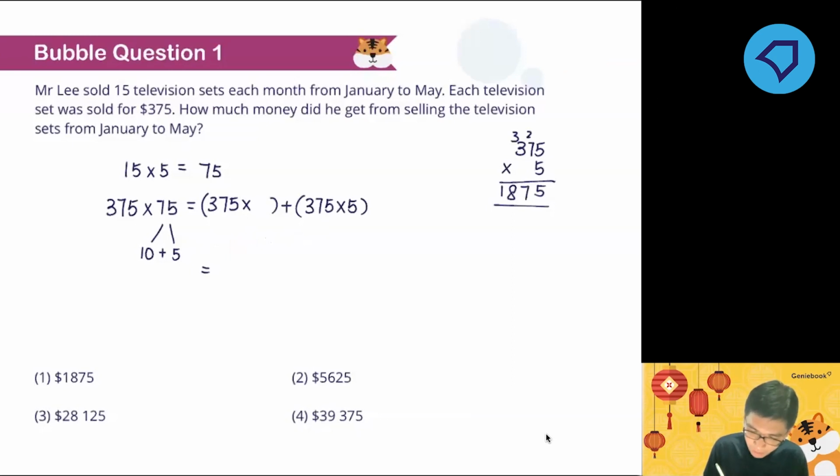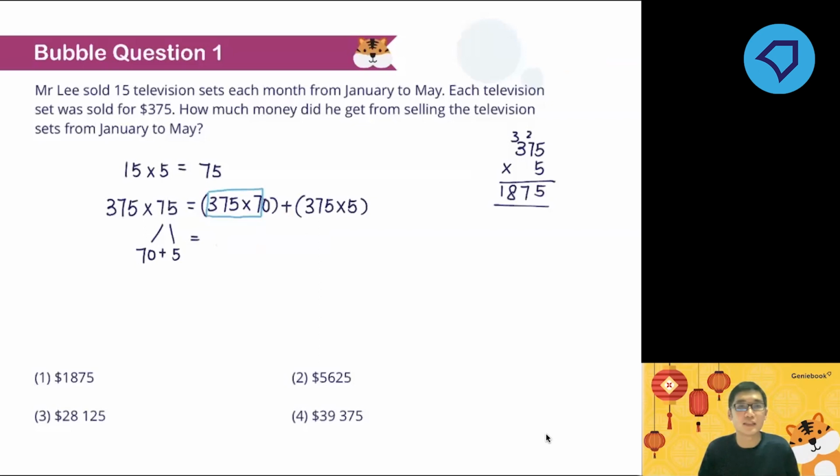Why did I do that? Okay, should be multiplied by 75. So split it into 70 and 5. So the first part is 375 times 70. Then the other one is 375 times 5. So then 375 times 70, you can take this part.